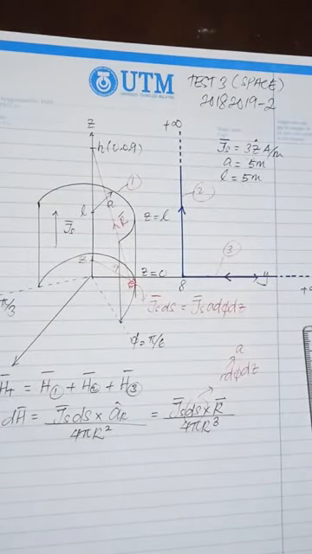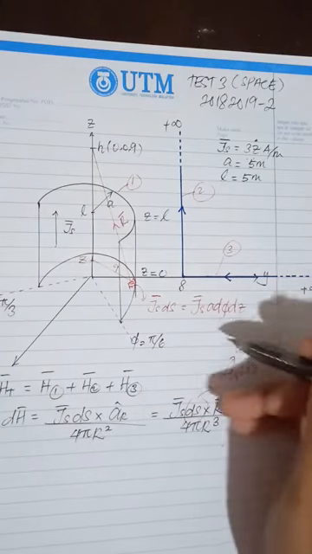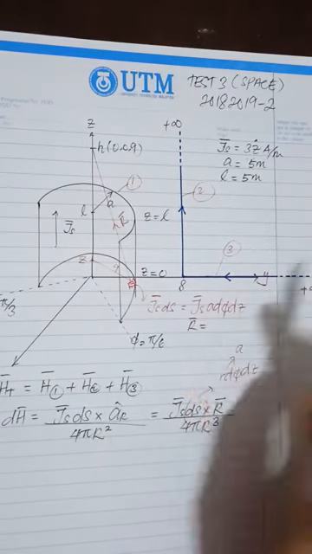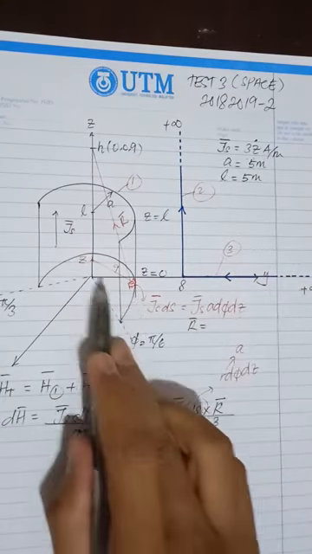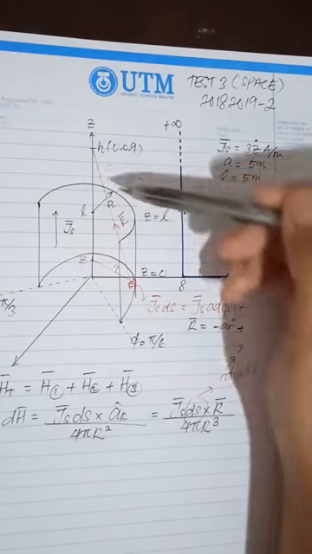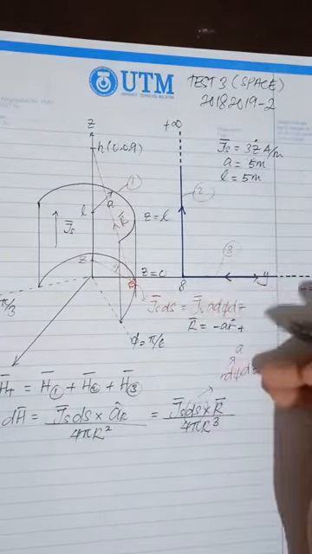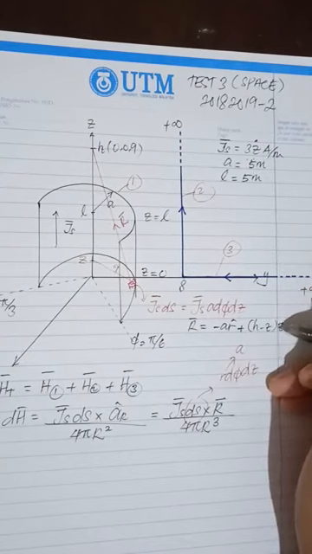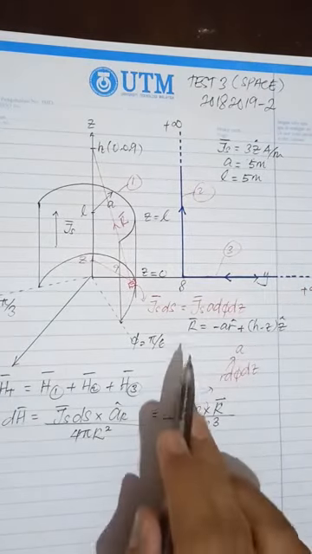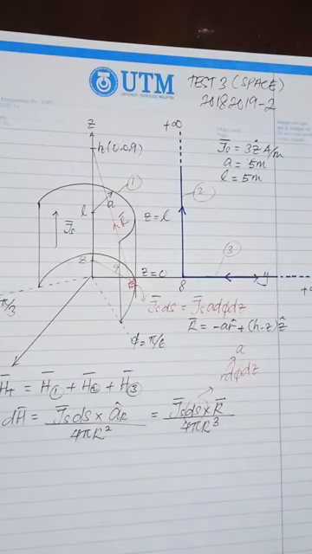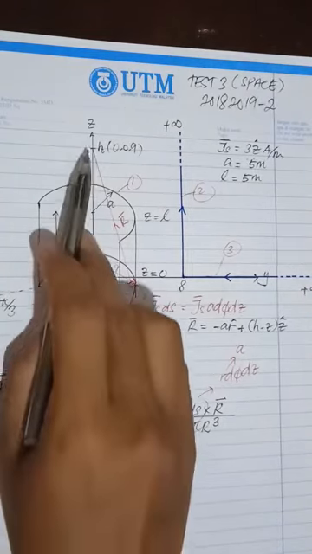From that diagram, we know that the R vector can be expressed in this form: negative a a_r, because the vector is radially inward from this sample to this point, and plus this vector going up, so you just take the distance, h minus z, in the z direction. So that's our R vector, joining from our current element to the point of interest.